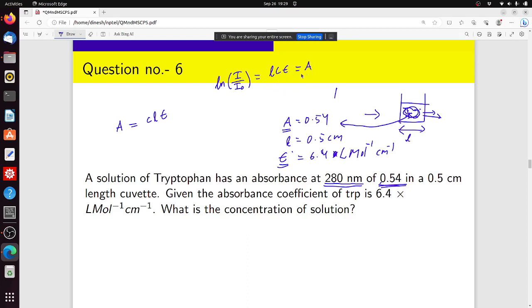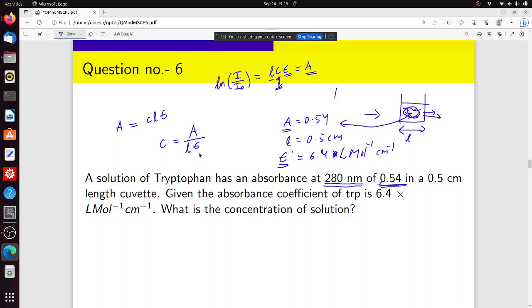So we are given absorbance, length, and the absorbance coefficient. Now we have to calculate the concentration of the molecule. It's pretty straightforward. So C will be A over L epsilon.